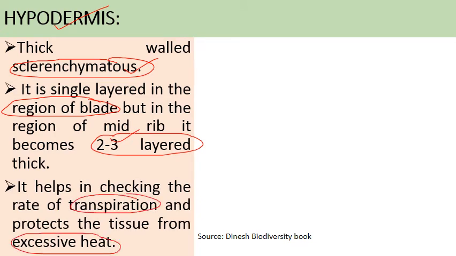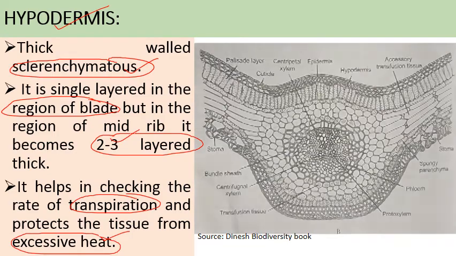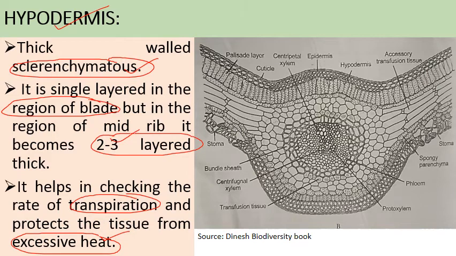So the function of hypodermis is to protect from excessive water loss. So in this picture we can see the outermost is epidermis. This is followed by the hypodermis, which is thicker in the midrib region as compared to the wings. In the wings, there is a single layer present.